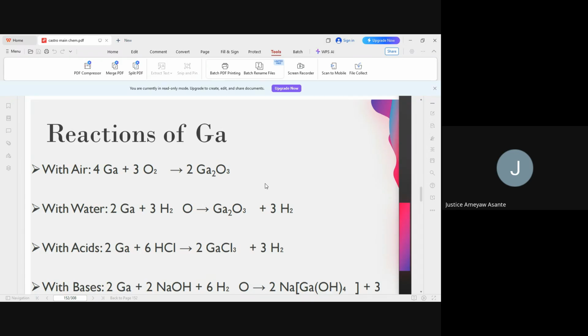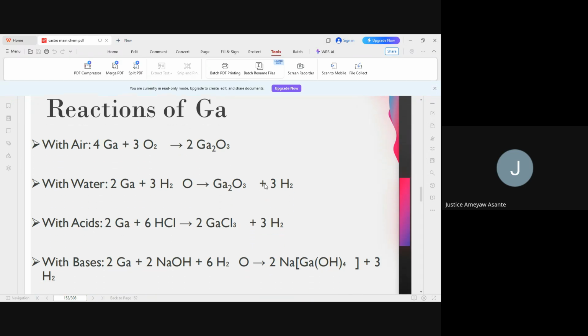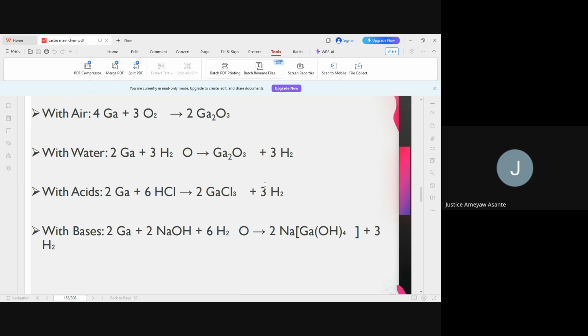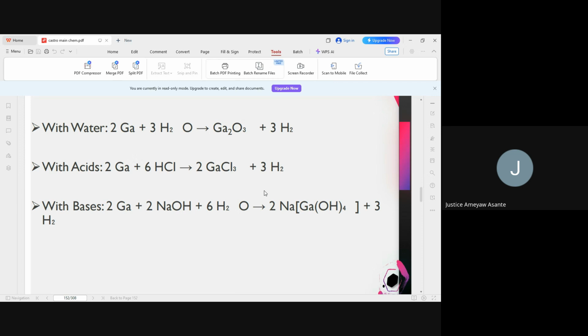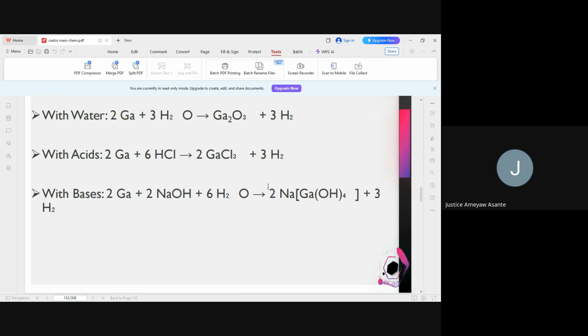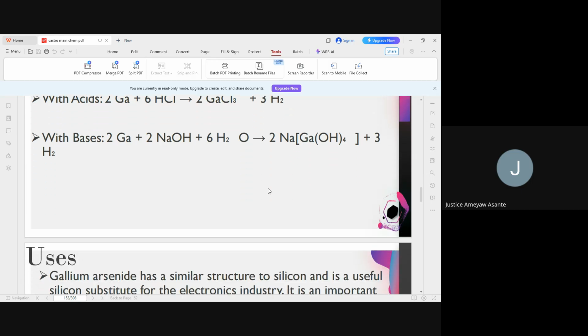It forms the oxides. With water, it does not form the hydroxides; when it reacts with water, it will give you the oxide and produce hydrogen gas. It also reacts with acids, and it also reacts with bases. So it's also described as amphoteric.